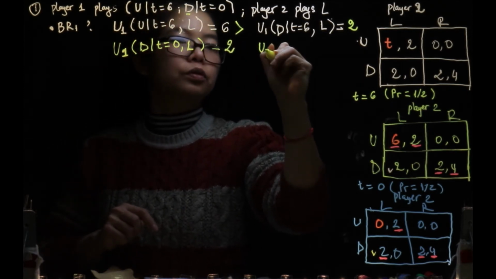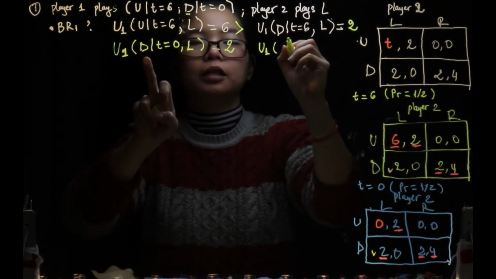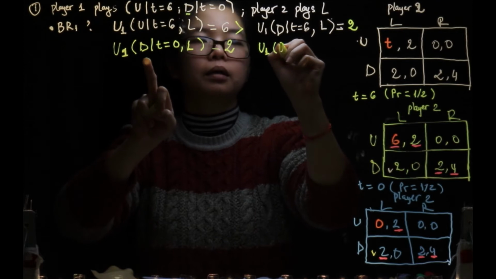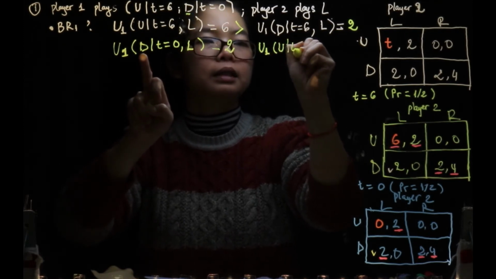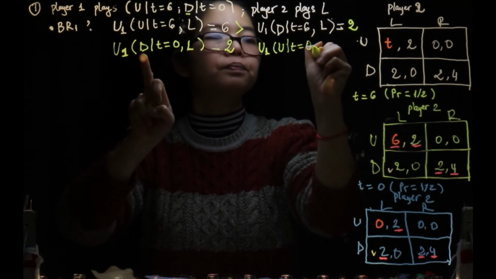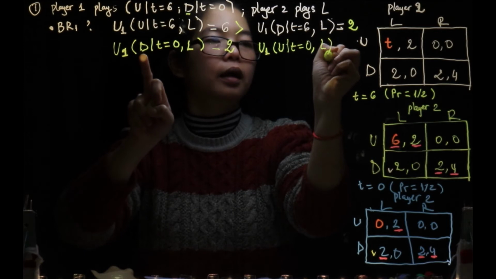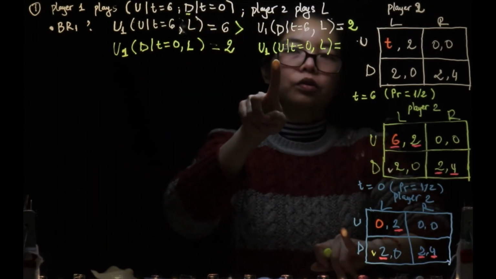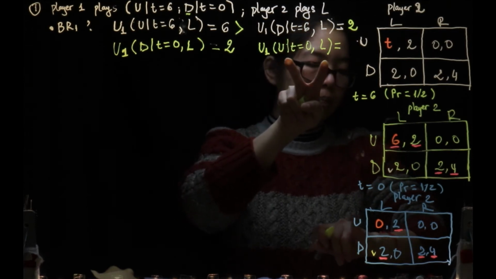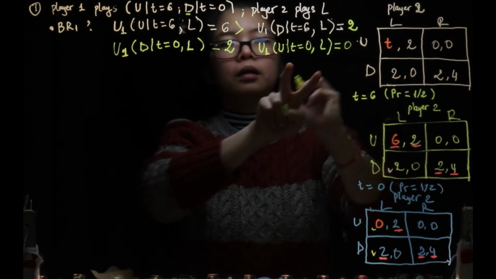Compare to the same type, but when he plays the other strategy, which is up. Here it was down, so now it's up. Same type, T0, same strategy of player 2, left: T0, up, left, is 0, right?